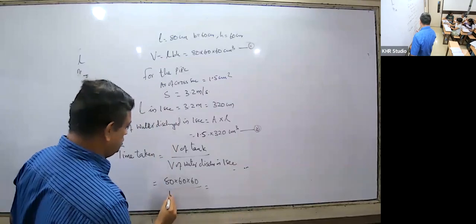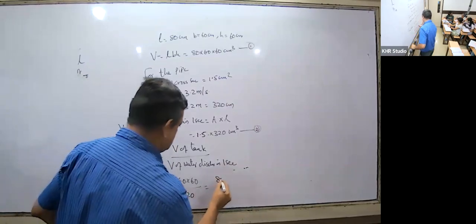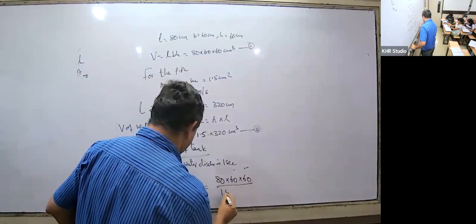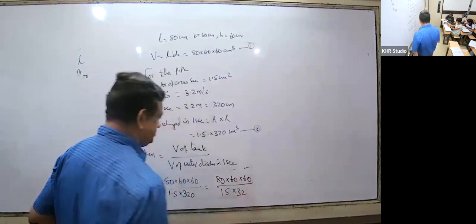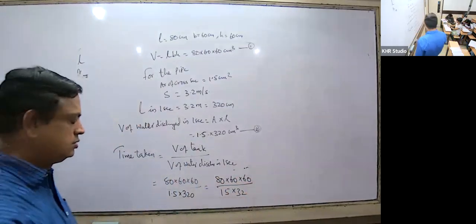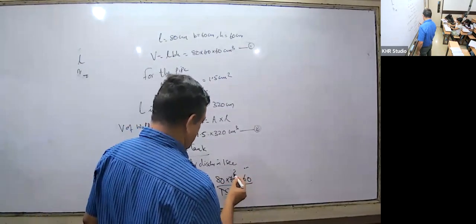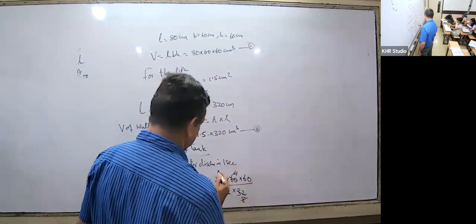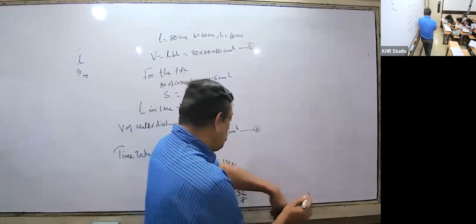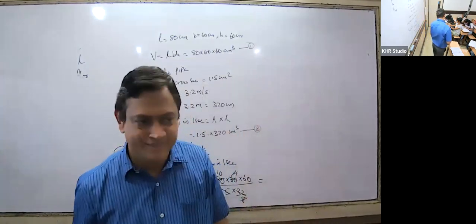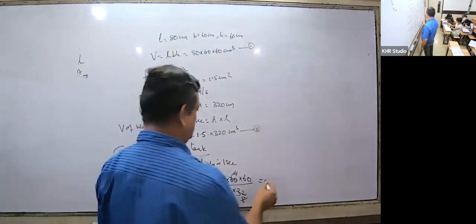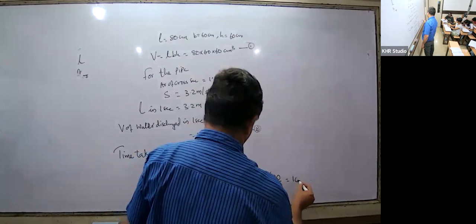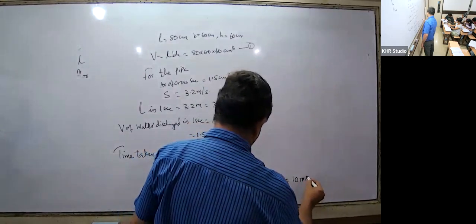1.5 into 320. That is 80 multiplied by 60 multiplied by 60. Now it cancels. 600. 600 seconds, divided by 60, that is 10 minutes. 600 seconds.